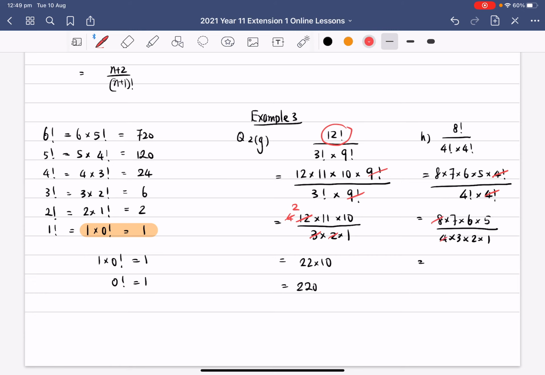To simplify that, we get 2, this also 2, and that cancels out. So at the end, we should have just 2 times 7 times 5 as the numerator. There's nothing on the denominator, so that becomes 70. You can also always check with the calculator using the factorial notation key, to check for that.